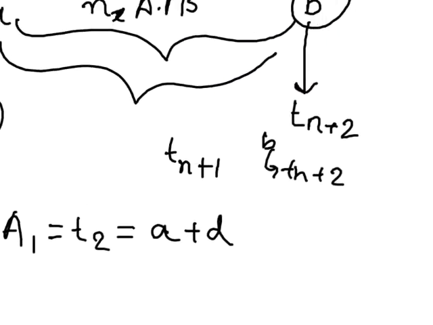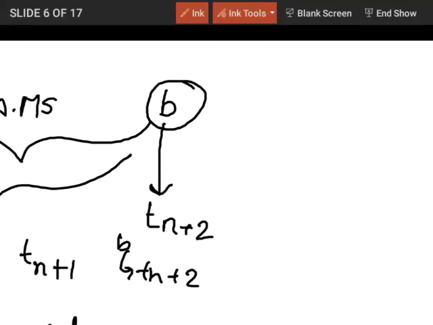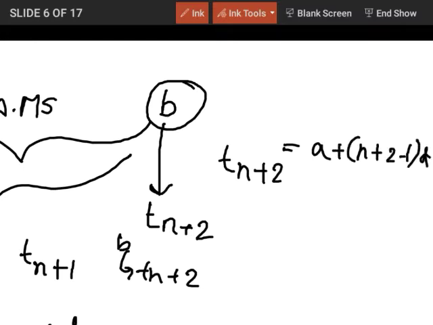Another thing is that the last term T(n+2) I can write as a plus (n plus 2 minus 1) into d, right? Because whatever we have in this place, we subtract 1 from it, multiply it with d and add to a. This was the form Tn is equal to a plus (n minus 1) into d.